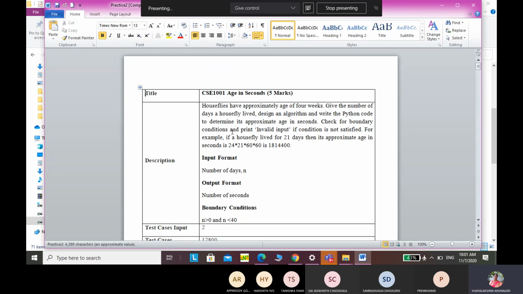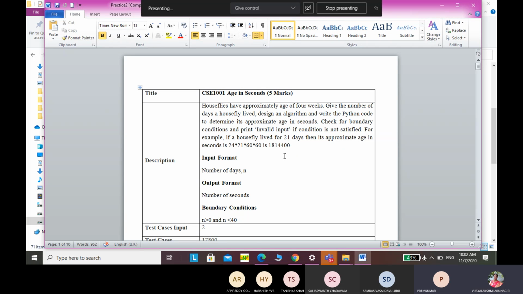Write this problem. Ma'am, what is meant by boundary conditions?